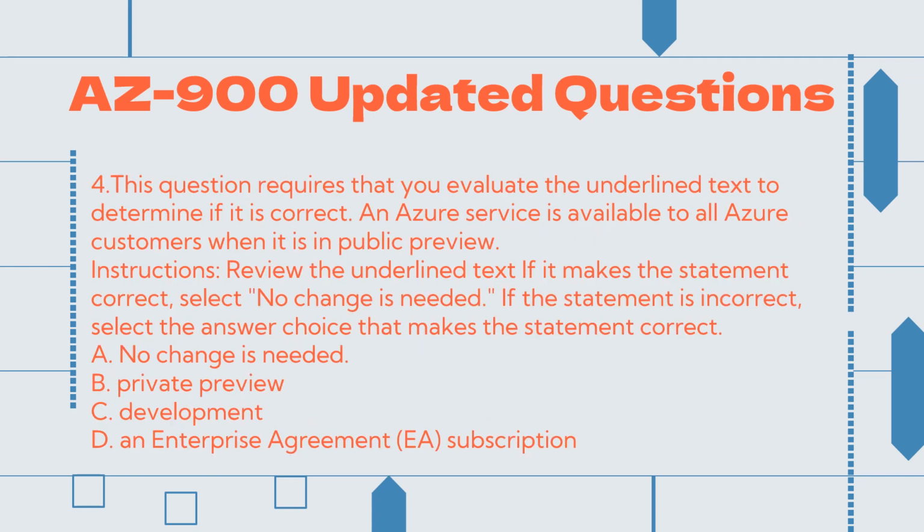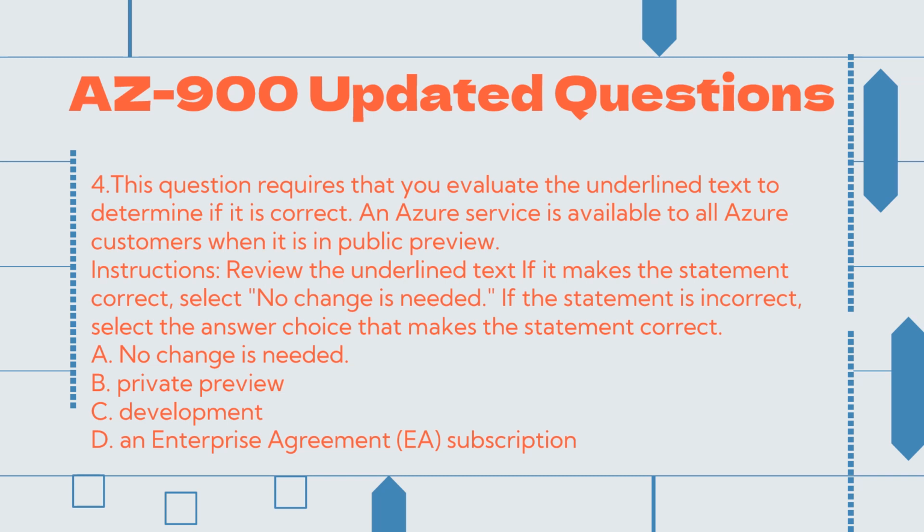4. This question requires that you evaluate the underlined text to determine if it is correct. An Azure service is available to all Azure customers when it is in public preview. Instructions. Review the underlined text. If it makes the statement correct, select No change is needed.